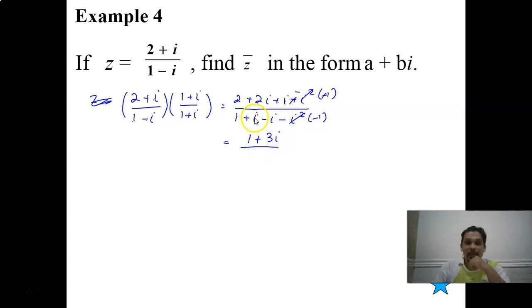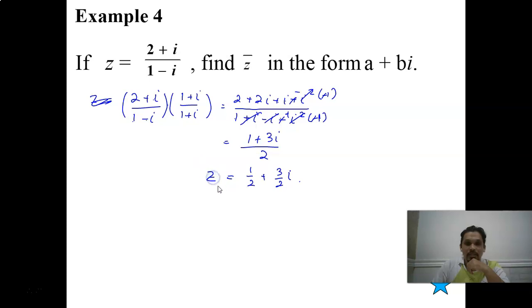And then, now i minus i, clear. This is negative 1. Negative times negative, positive. So 1 plus 1 equal to 2. So we change in the form of a plus bi. For this one here is 1 over 2 plus 3 over 2i.